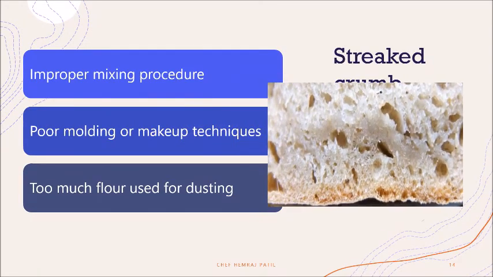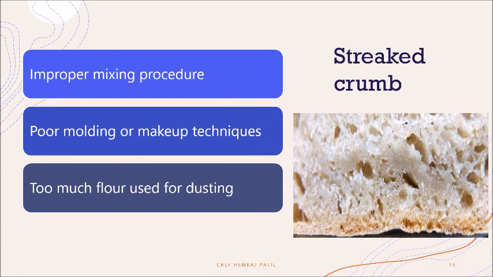Next fault is a streaked crumb. The reasons are improper mixing procedure. If the ingredients are not mixed properly, then there will be streaks in the crumb.